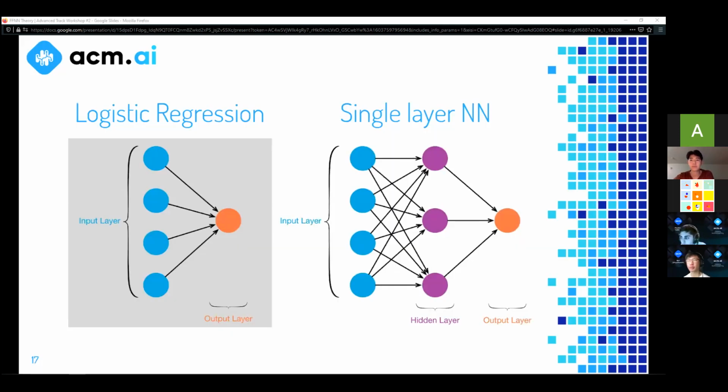And this is just comparing logistic regression and neural networks. Neural networks are just like logistic regression, but you have more than one of them, and you can have more than one layer as well. The output of one logistic regression node feeds into the next one, a feed forward network.